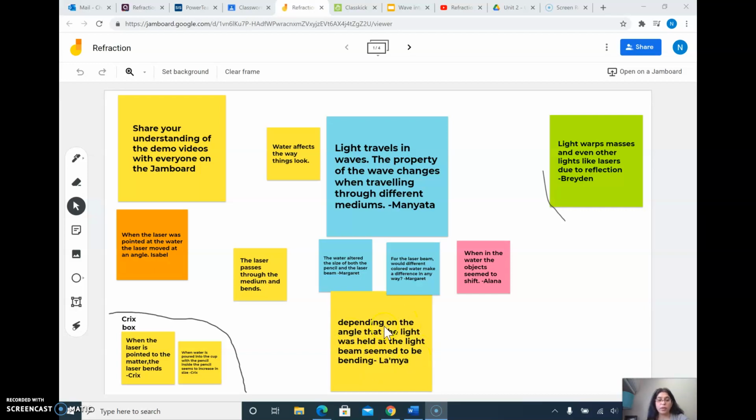So it's a very good understanding. The laser passes through the medium and bends. Very good observation. When in the water, the object seemed to shift. Yes, very good observation.